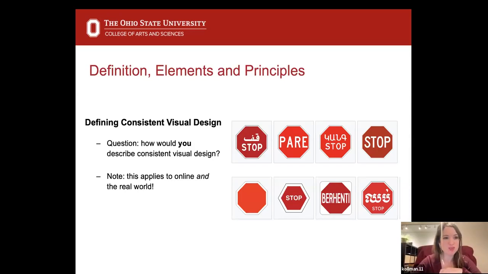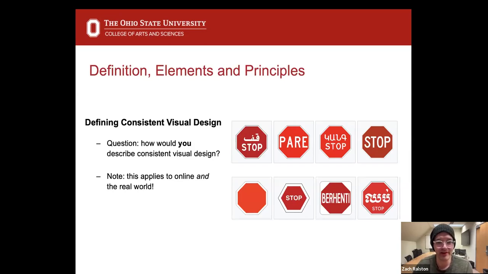It's similar, like font and colors and sizing across different elements on the website. Or even in real life, like the stop sign feels like all the stop signs need to be similar sizes and typeface. Yeah, that's perfect.